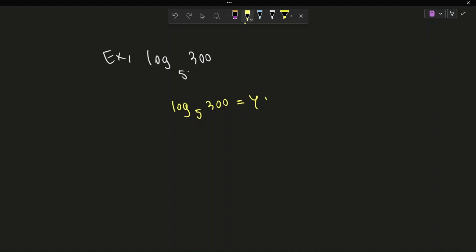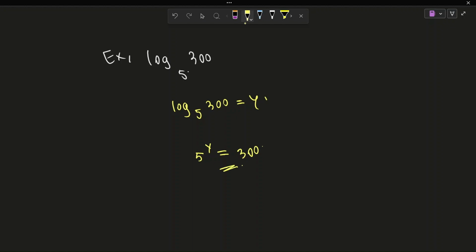Next, we know that the base we have in the logarithm is the base in the exponent, and the variable turns into the power. Next, we know that the number we used in the logarithm turns into what we equated to in the exponent. So we can't simplify further without using a calculator, so we're just going to leave it like this.